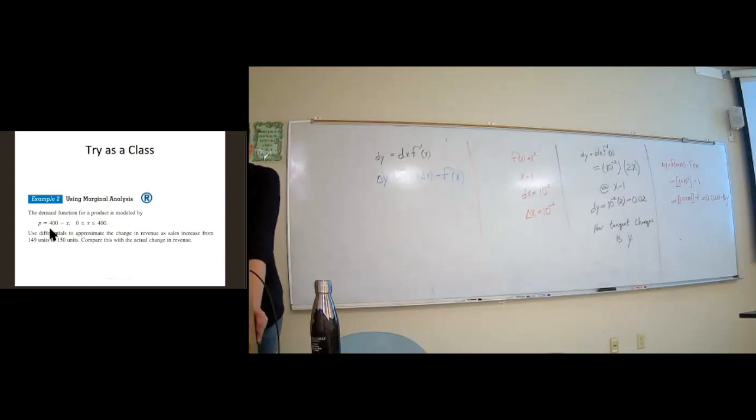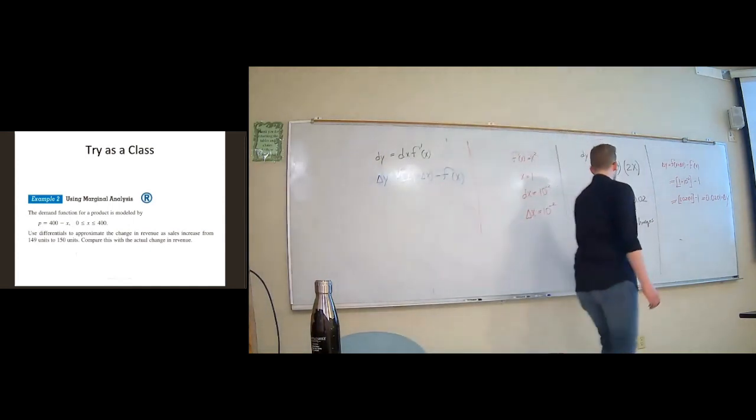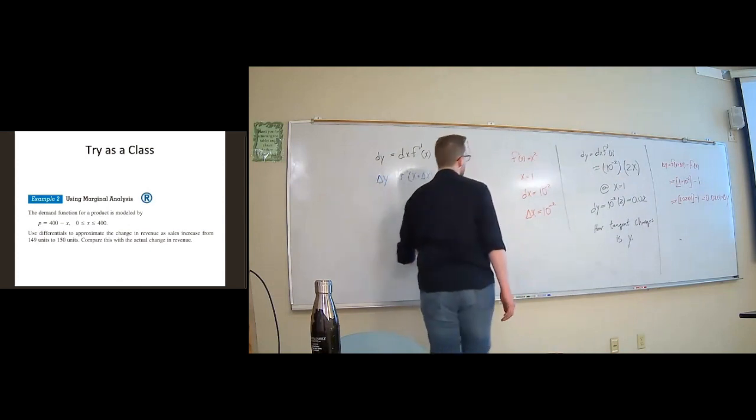So as one quick example, we've got the demand function. So this is price as a function of the number of units being sold. We want to use differentials to approximate the change in revenue as sales increase by 1 unit from 149 units to 150 units. All right, so this tells us right away, delta X and dx, right?